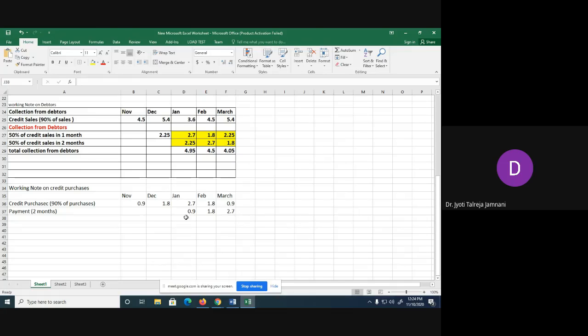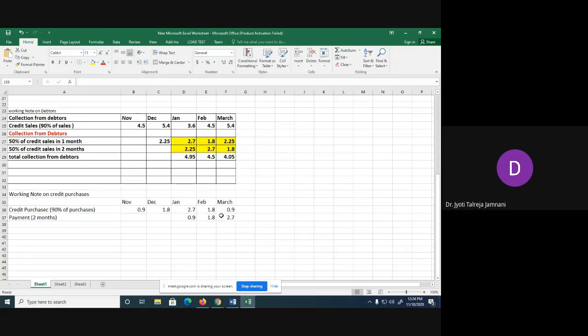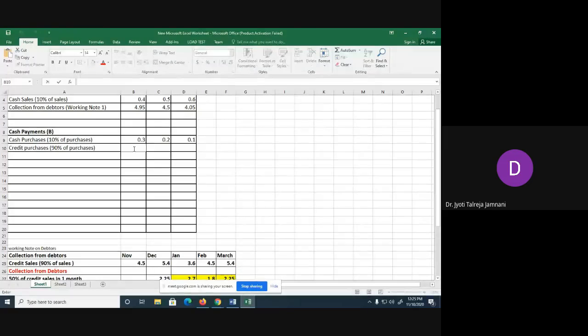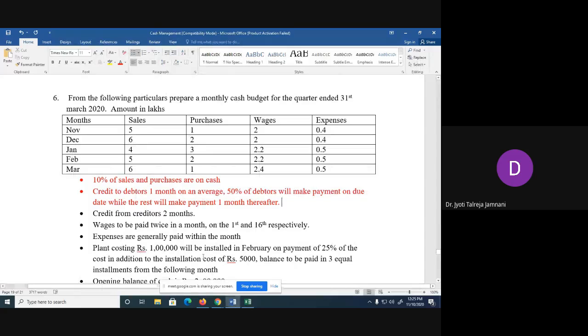So this is the payment 0.9, 1.8 and 2.7, which we have to record in the cash budget. This was about the purchases. So we finished this adjustment as well.